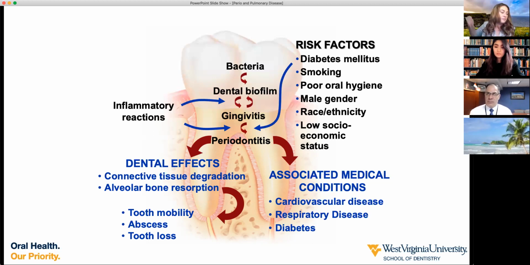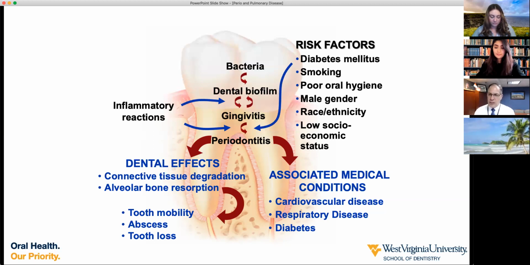There is no one today that says if you have periodontitis, you will develop, say, diabetes. However, if you're diabetic and you have periodontal disease, it is known that the periodontitis can affect the ability of the patient to manage their diabetes and manage their blood glucose level.